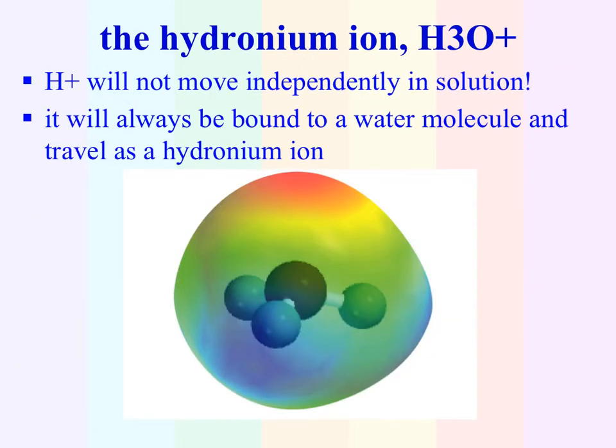So just as a quick refresher, or a little bit of emphasis, this H3O plus, or the hydronium ion, as written here, is really just a water molecule that's picked up that additional proton.